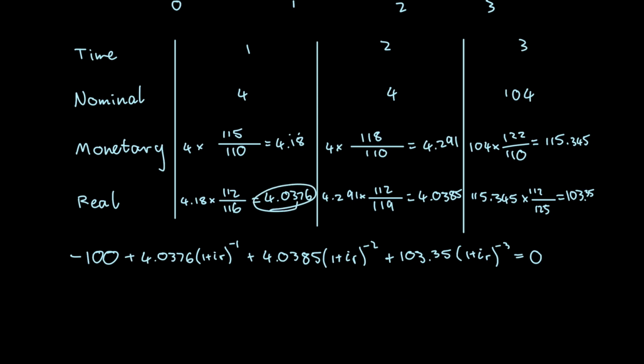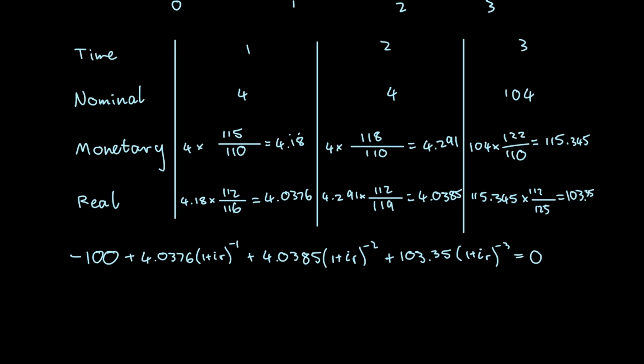So because this real value, the corresponding monetary value occurred at time 1, I discount it by 1 period, and likewise this real value I discount by 2 periods, and this real value I discount by 3 periods. Okay, and this is my cash outflow because I initially buy the security, and these are the cash inflows that I receive from the security, which is my coupons and redemption payments.